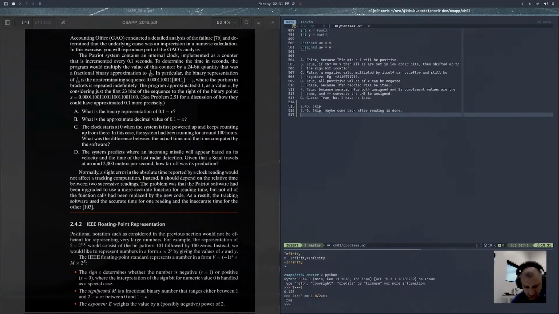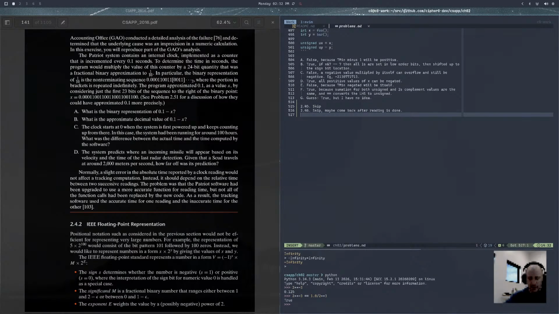The IEEE floating point standard represents a number in the form of value equal to (-1) to the sign bit s, times the mantissa m, times 2 to the exponent e, where the mantissa is encoded and the exponent is also encoded.